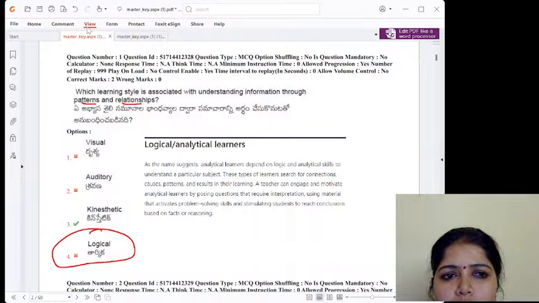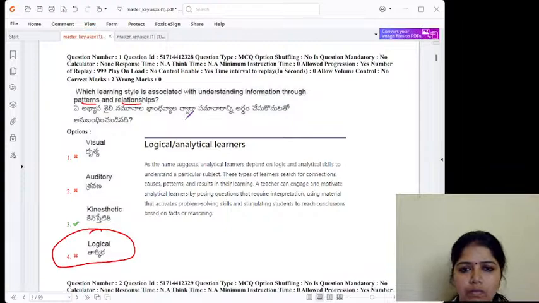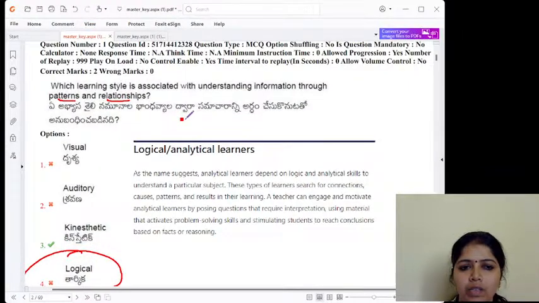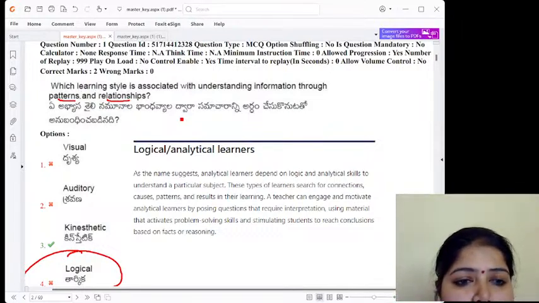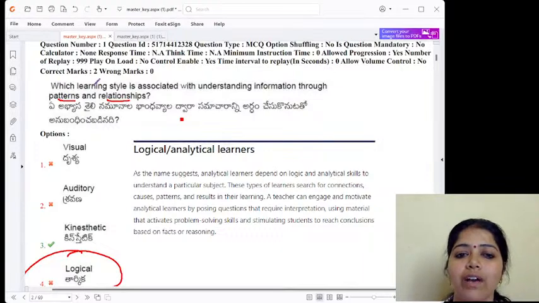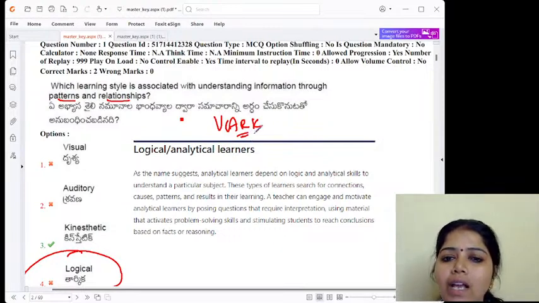Is it visible? Yes. See, we have the VARK learning styles: visual, auditory, reading and kinesthetic.